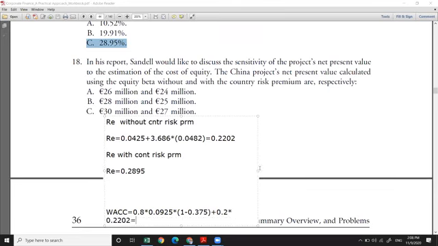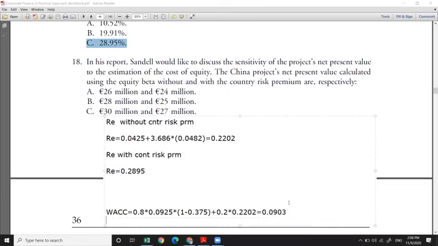That would give us 0.0903 without country risk premium. Let me put it like this, without, so that we can differentiate, and with.